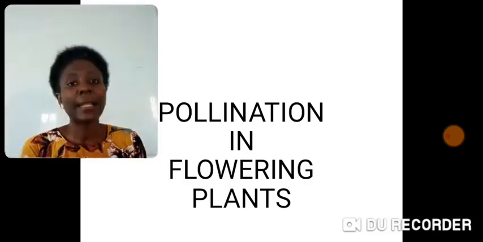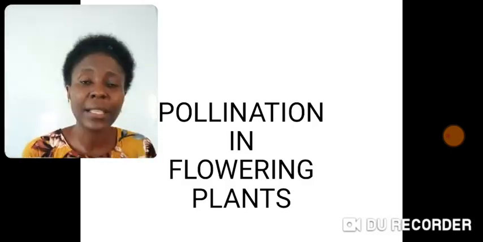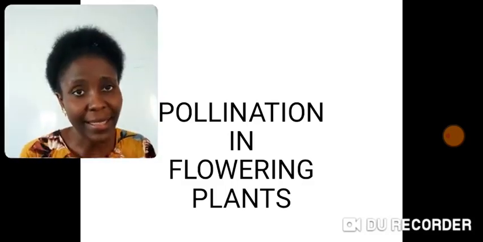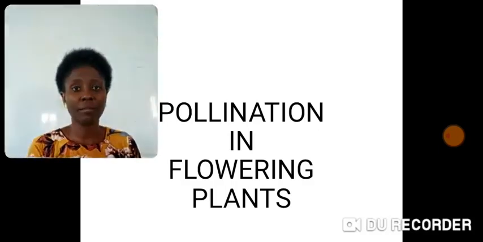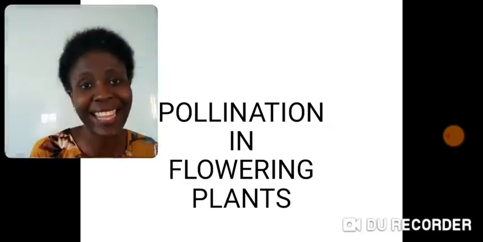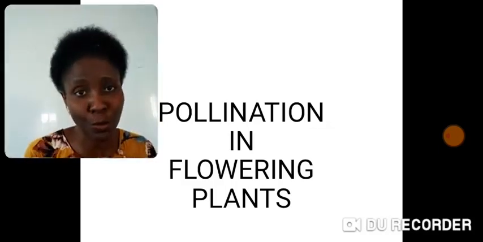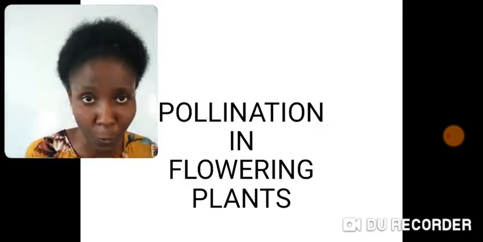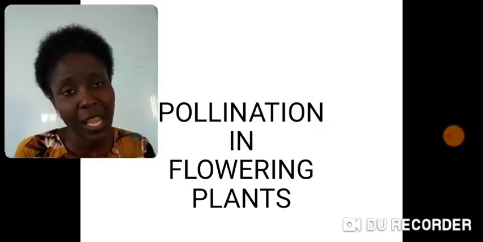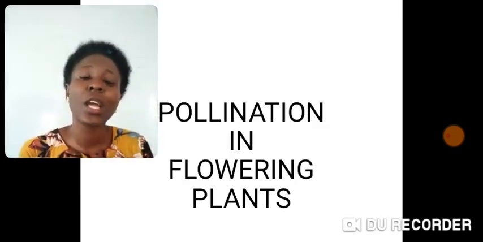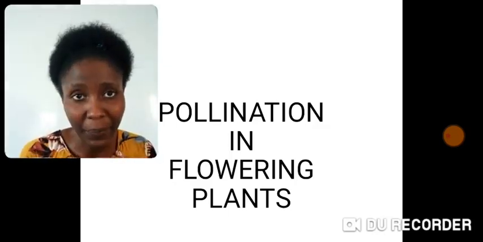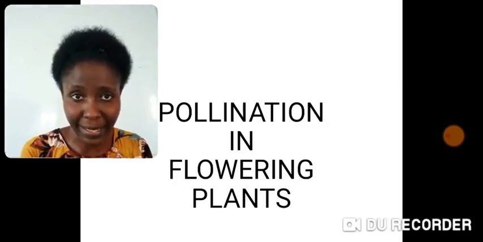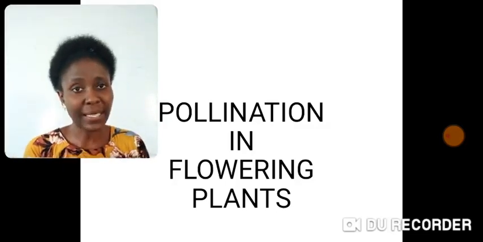Then another thing you discover with the insect pollinated flower is that it produces nectar, which is the juice that the insect will consume as food when it perches on the flower. But for the wind pollinated flower, there is no nectar. That's another difference.